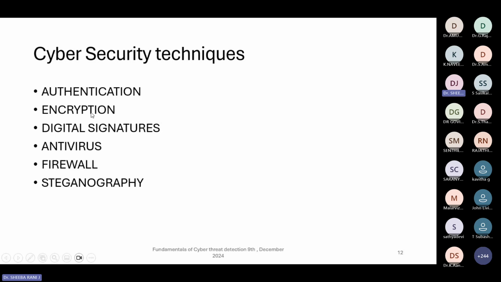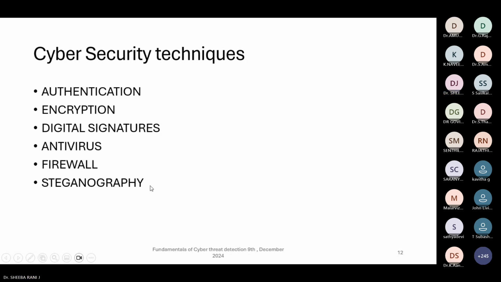Encryption means we have an encrypted code, but we also make digital signatures and verify with them. These are all common, right? Nowadays we have antivirus, then a firewall between two networks, right?